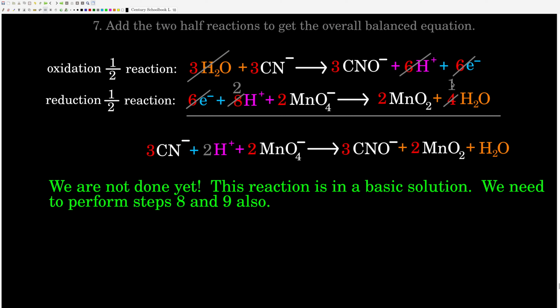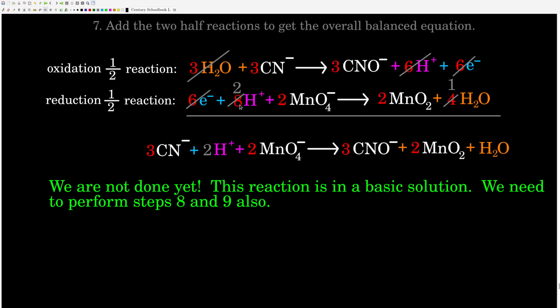So in this case now, of course the electrons cancel, but we also, in the oxidation half reaction, we had 3 waters on the left. In the reduction half reaction, we had 4 waters on the right. 3 of these waters cancel 3 of these, leaving 1 on the right in the reduction half reaction and none in the oxidation half reaction.